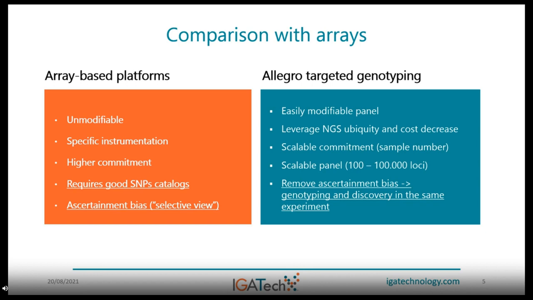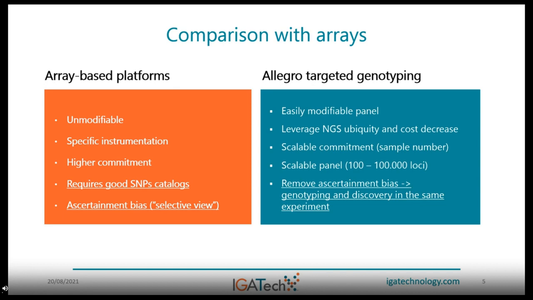On the other side, sequence-based genotyping, especially the Allegro system, provides a modifiable system which can be changed over time by means of the probes of the genes that are targeted.